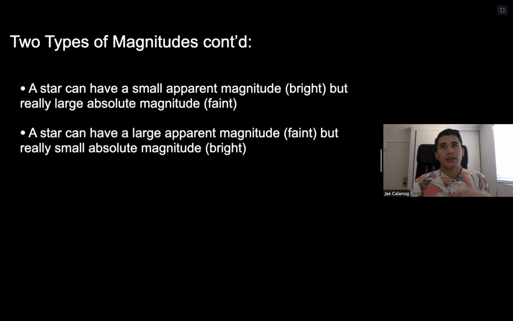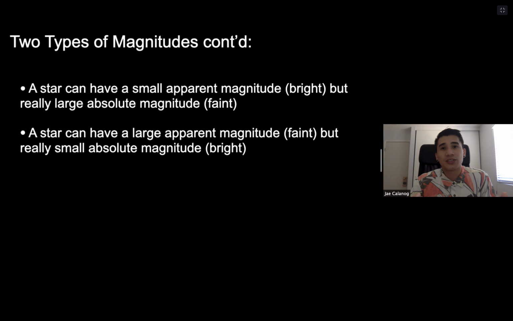So, therefore, you can actually have a star that can have a small apparent magnitude, which means it's appearing bright as you see it here from Earth, and then have a really large absolute magnitude number. So if you were to move it 10 parsecs away, it turns out that star wasn't actually that bright. It's just because it was actually really close to you, that it appeared bright to you, okay?